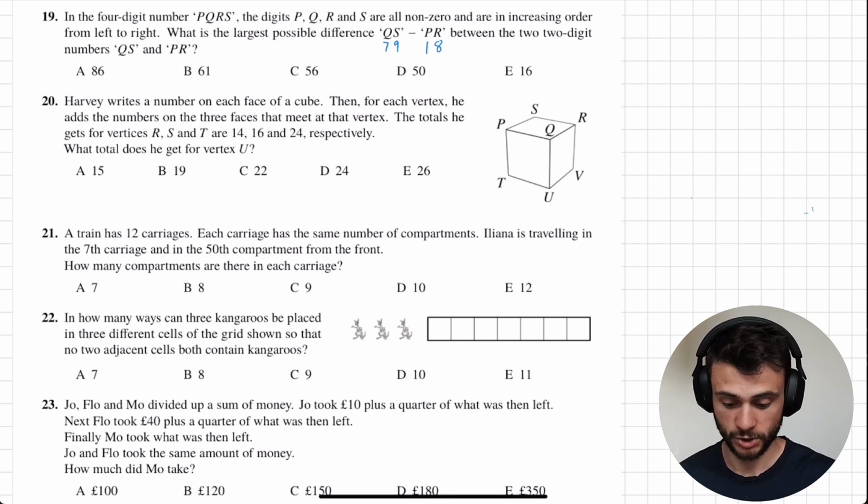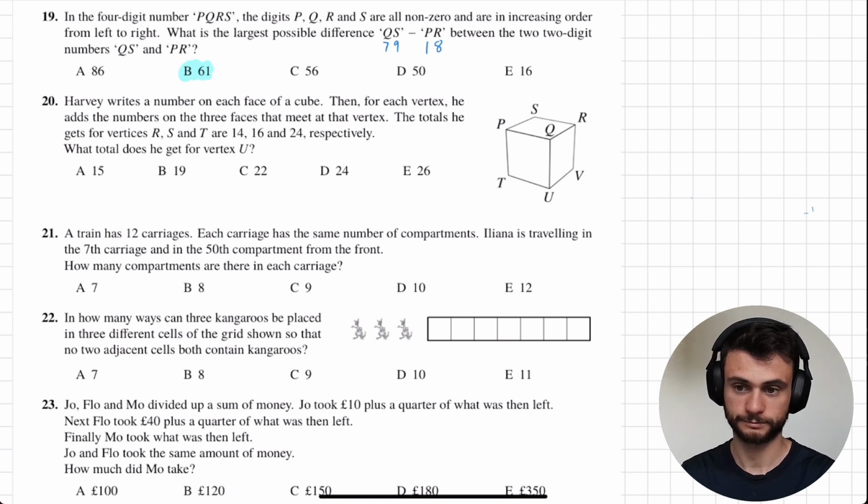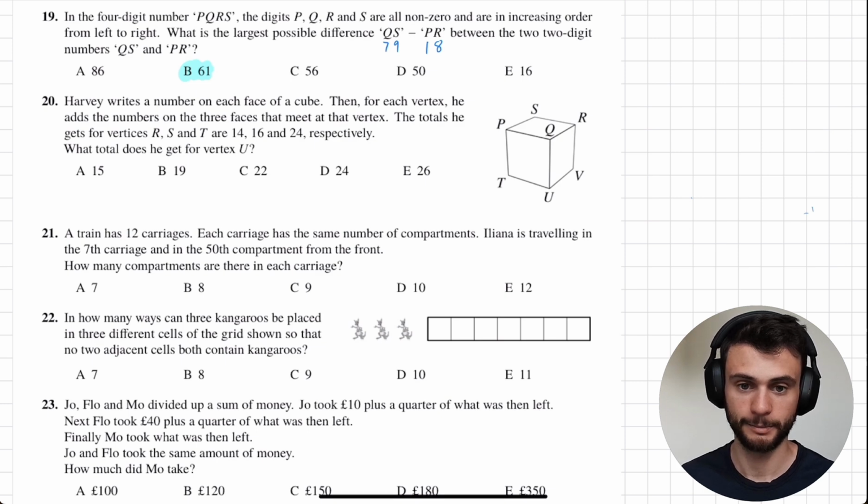We make that subtraction and we get 61. Okay, notice 86 is actually the answer if you don't treat P, Q, R, and S as being in increasing order. You try and just do 98 minus 12. We know that we can't do that.